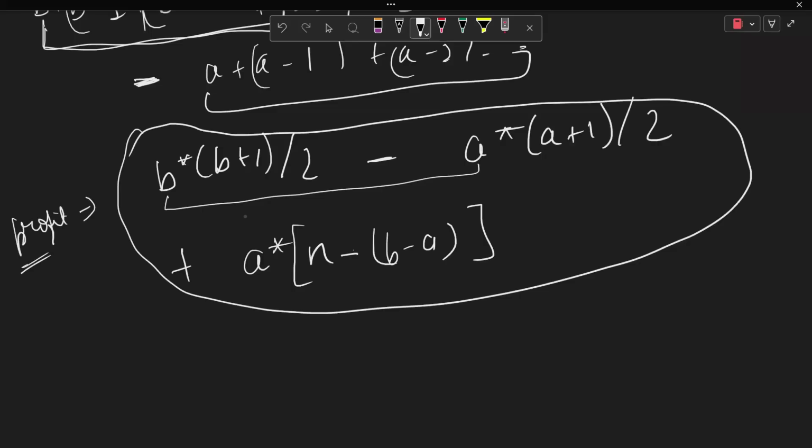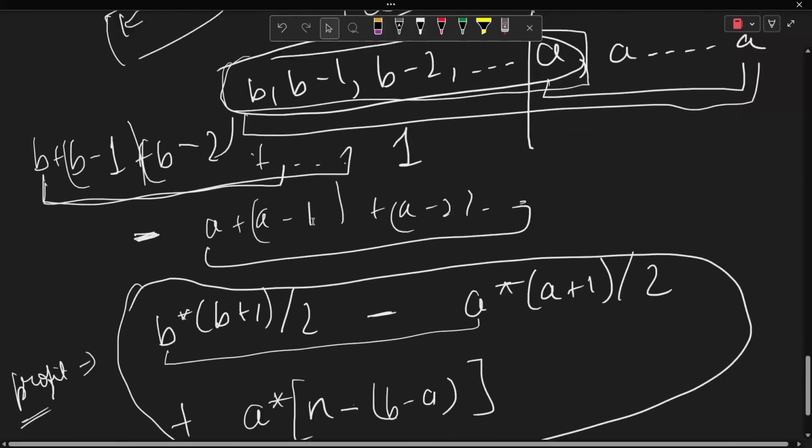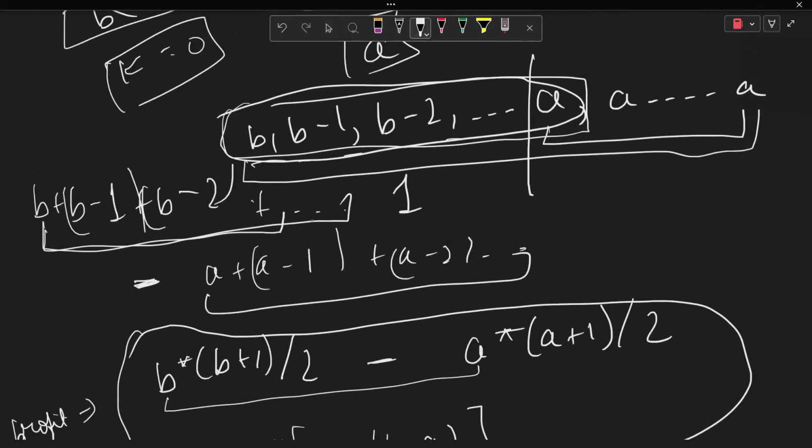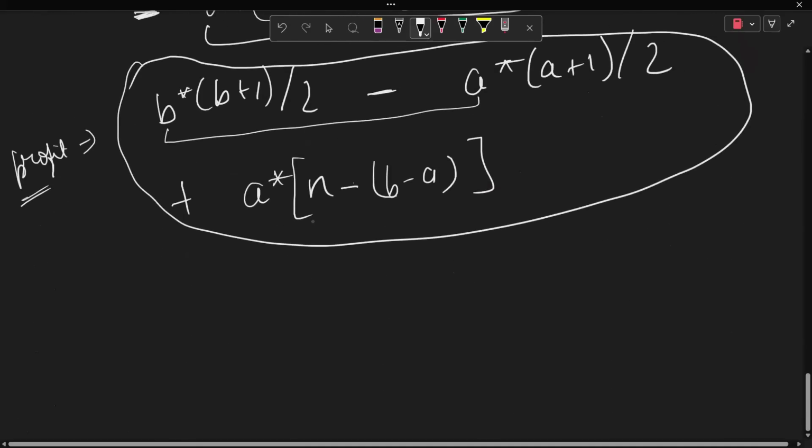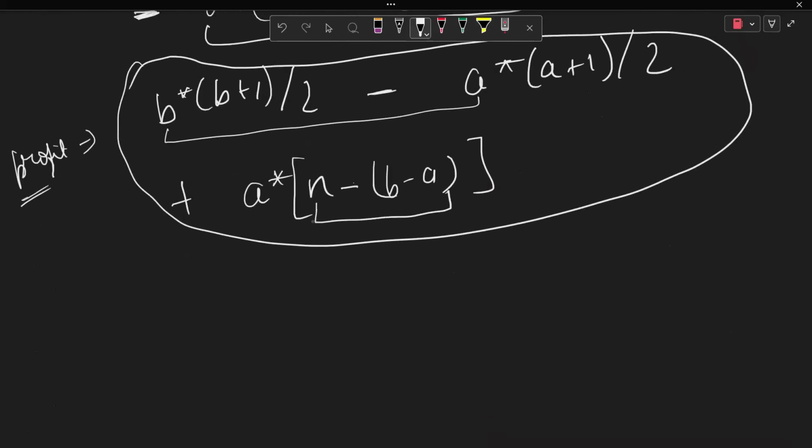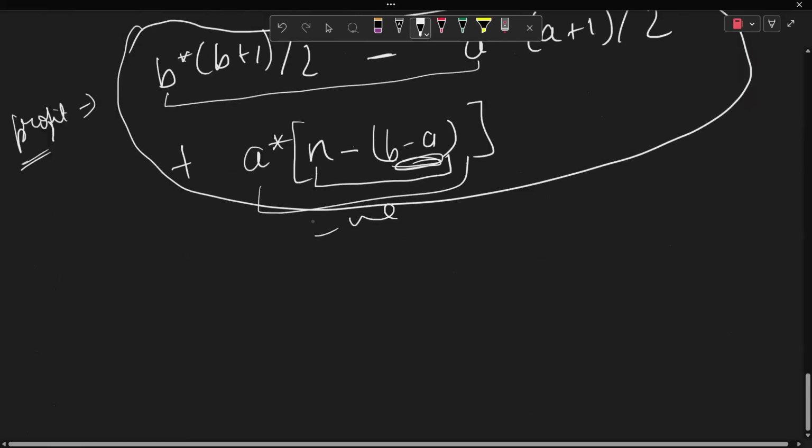One more special case in this. What if B is so much greater than A that before reaching A, all n elements are over? If the difference between B and A is greater than n, then this would become negative, so this equation would be invalid in that case.